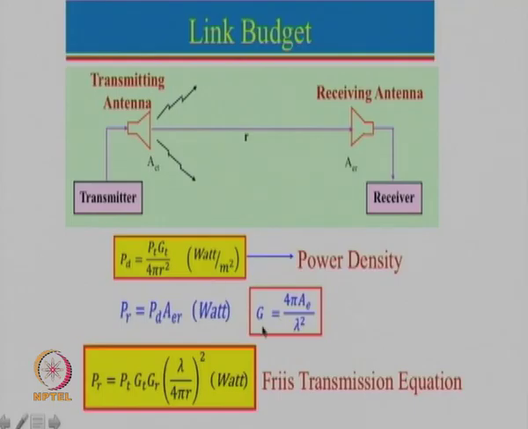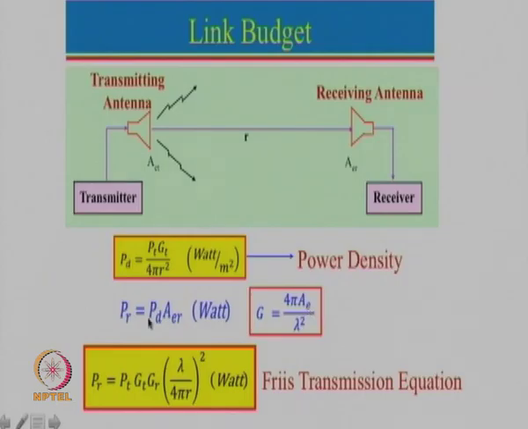Now, we had seen the relation earlier: D is equal to 4 pi A by lambda square, and gain is related to the directivity D by efficiency multiplied by directivity. So, efficiency and directivity combined here is known as the effective aperture.